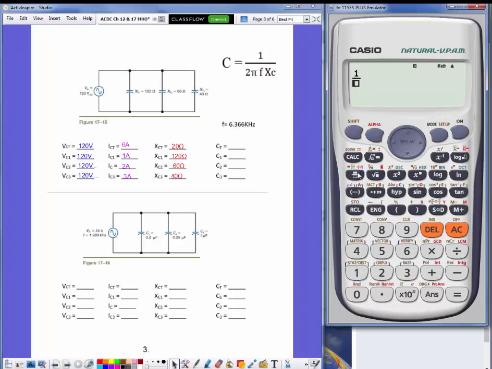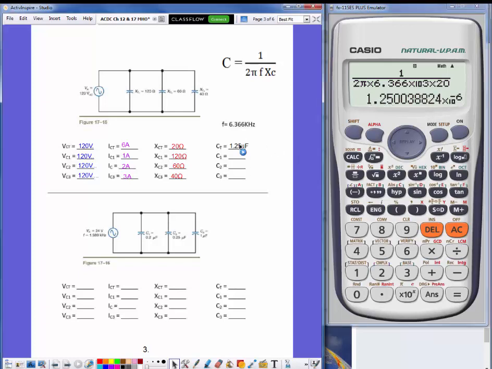So C is equal to 1 over under 2 shift pi times, what is my frequency? 6.366 times 10 to the third times my total capacitive reactance of 20 ohms. And that gives me 1.25 microfarads.